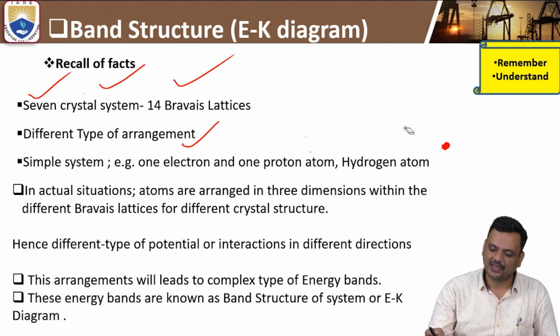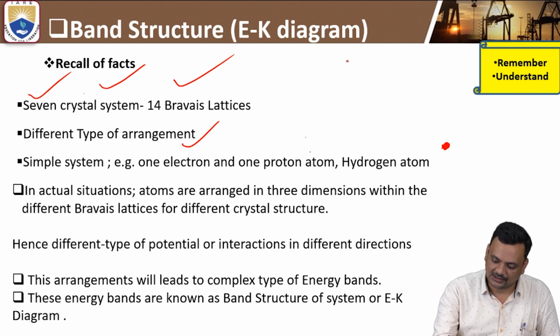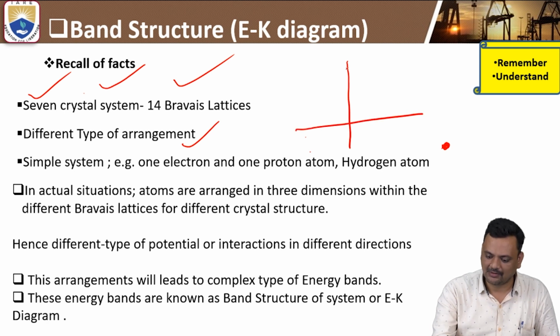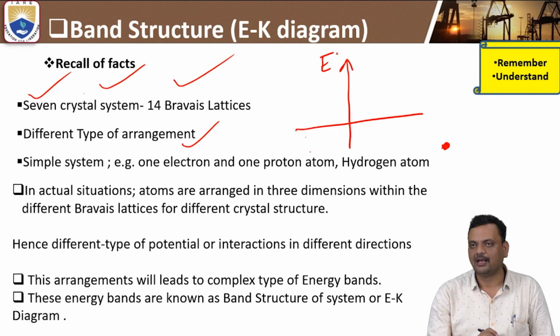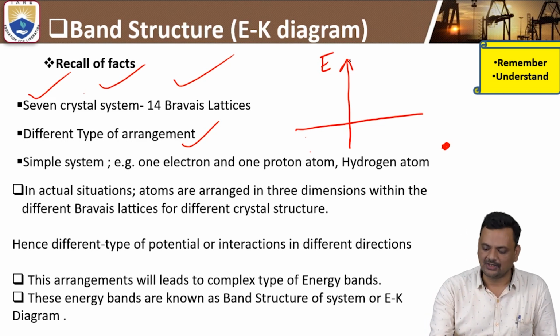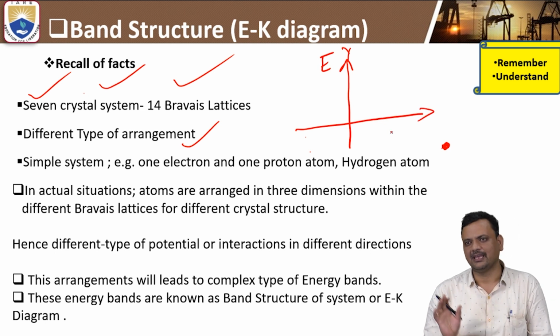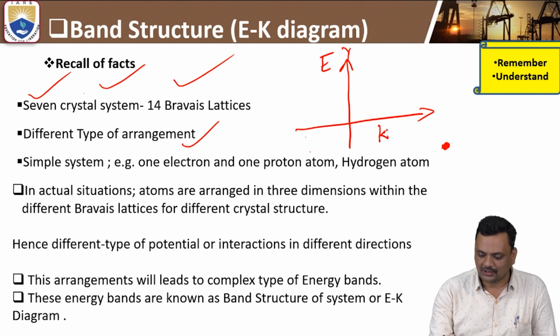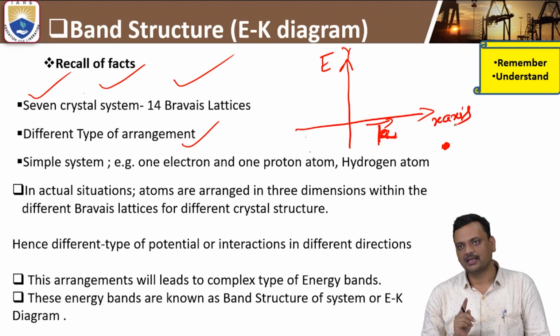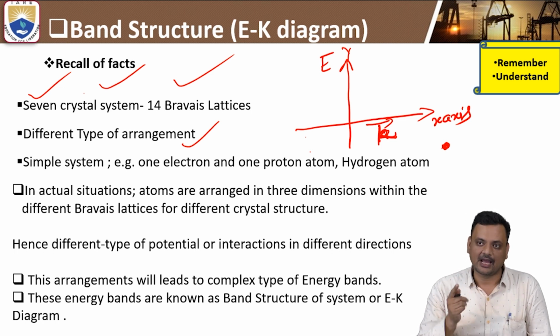Basically, it is an energy versus K diagram. Before today, I only took energy on the y-axis, but I never chose any parameter on the x-axis. Now I will choose the vector K on the x-axis. So basically, this is the E versus K curve, the EK diagram.